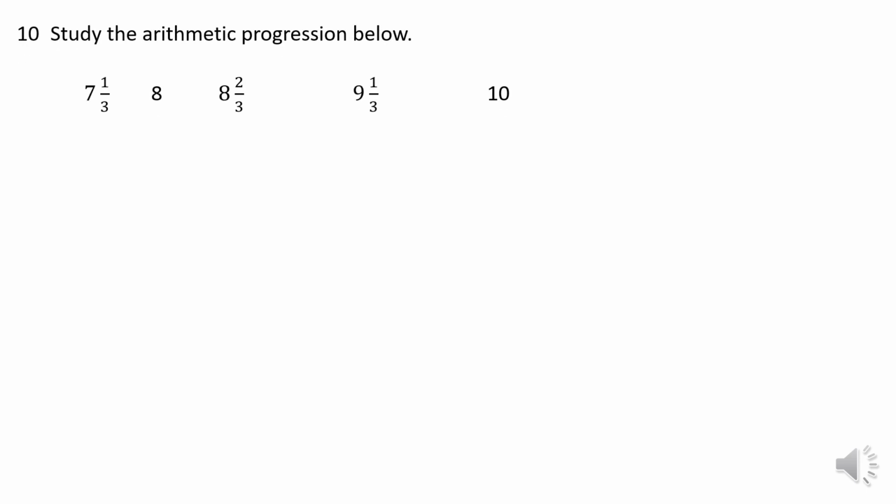Now question 10 involves some arithmetic progression. And what is important here is that you are told that it's an AP, an arithmetic progression. So you can identify your first term. Normally we use the letter A for the first term, which is 7 1/3. And we can also work out our common difference, which we find by subtracting successive terms from each other.